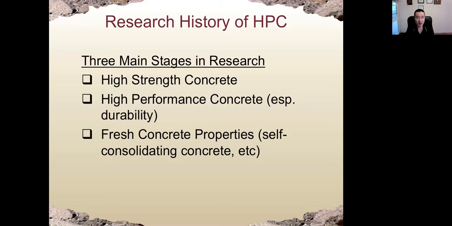Later on, some other properties were also focused on, such as high flowability, such as self-consolidating concrete, or geopolymer concrete, which is sustainable concrete and does not need any type of cement. So high performance depends on what type of performance we want to achieve, not only limited to high strength.